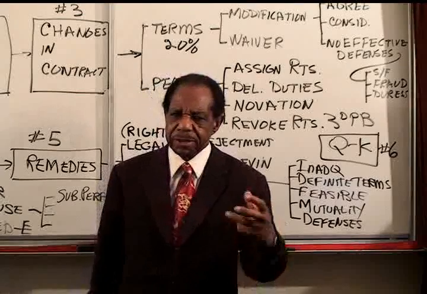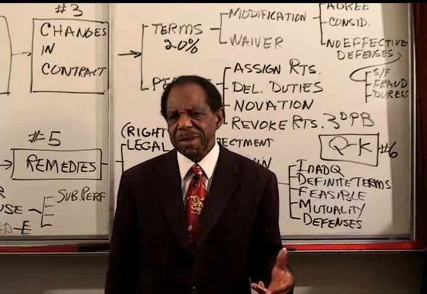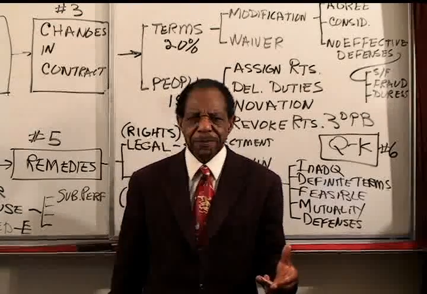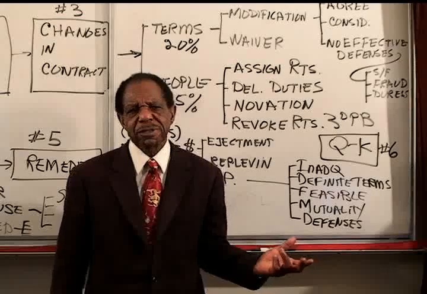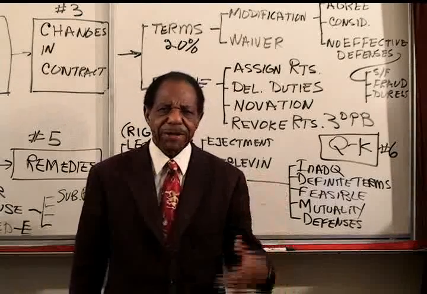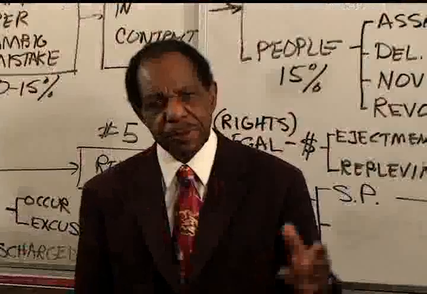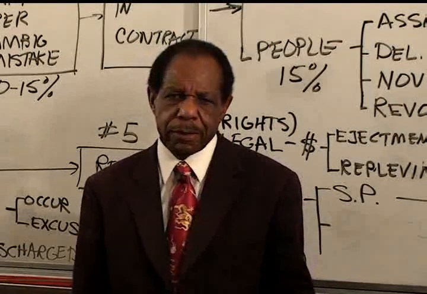You need a sufficient writing to prove that you have this contract. Doesn't matter whether you got there through a bunch of modifications or you got there the first time without any modifications. If you end up with a contract for the sale of goods for the price of $500, you've got to be able to prove that with a writing.